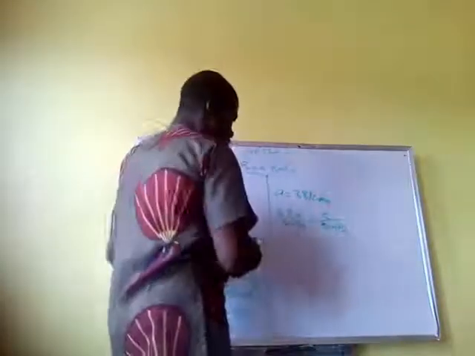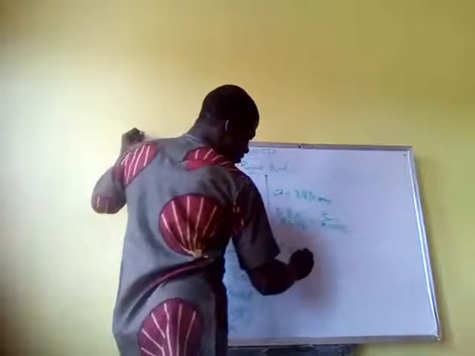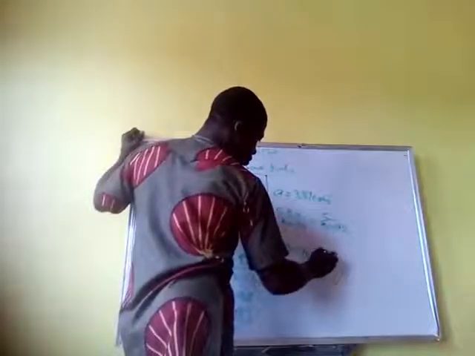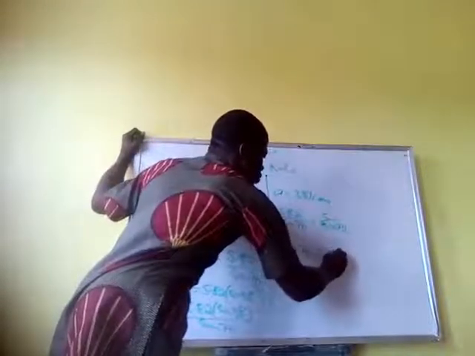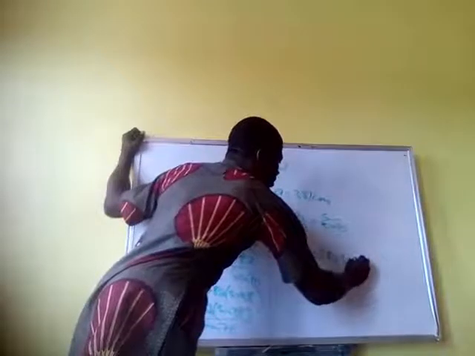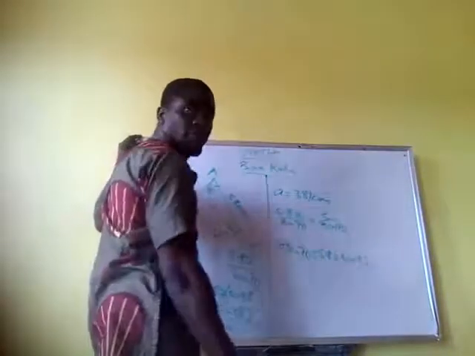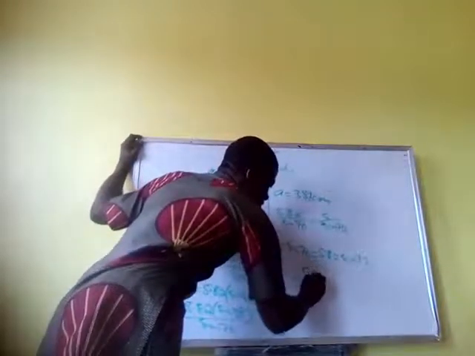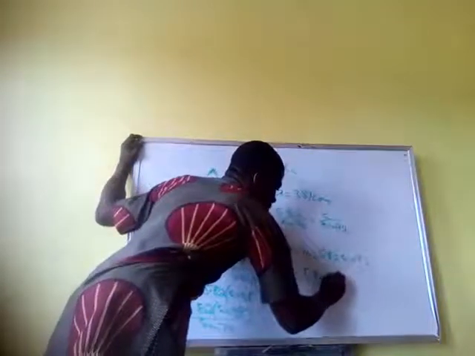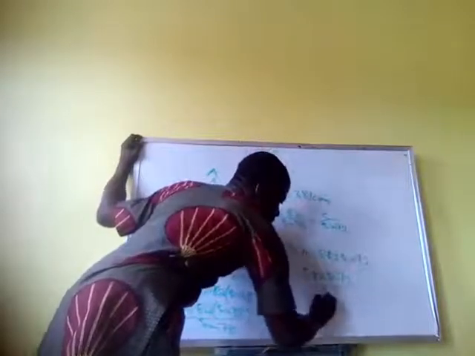If we cross multiply now, we have c sine 70 equal to 5.82 sine 72. You divide both sides by sine 70, you will have c equal to 5.82 sine 72 over sine 70.